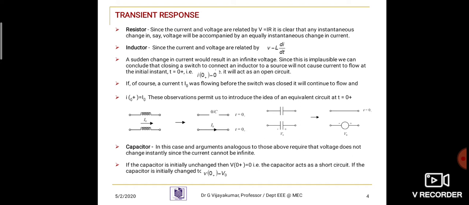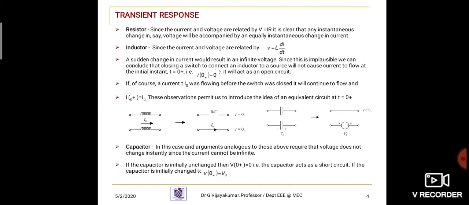In order to sketch the transient response directly, we need to be able to find the voltage and current in a resistor, inductor and capacitor immediately after a switch has been opened or closed. Already I told that two positions are possible, either the switch is in on position or otherwise off position.